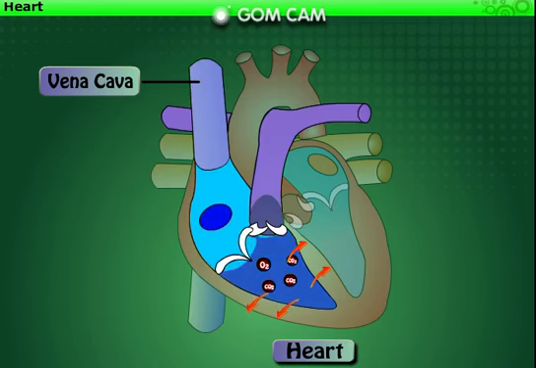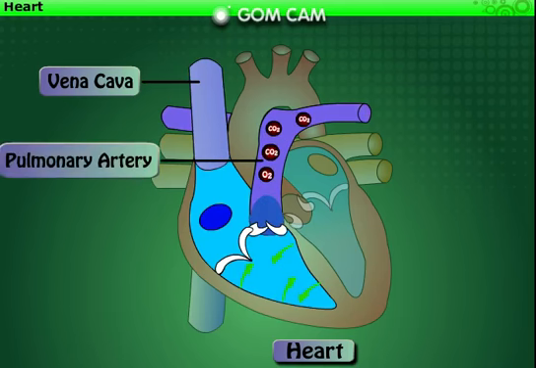So, the blood is transferred into the right ventricle through a valve present between them. And, when the right ventricle contracts, the deoxygenated blood is pumped into the lungs through the pulmonary artery.